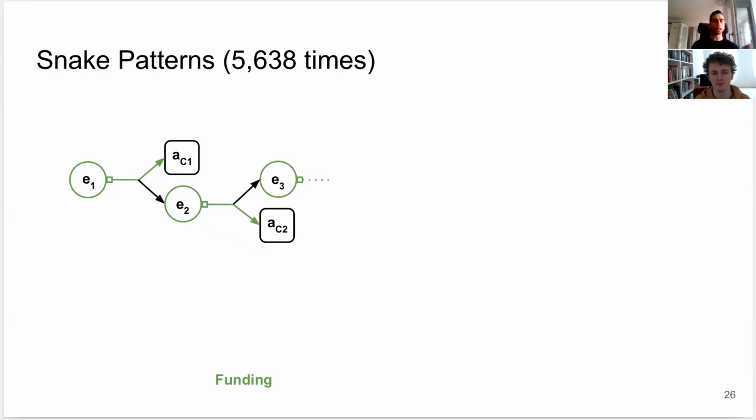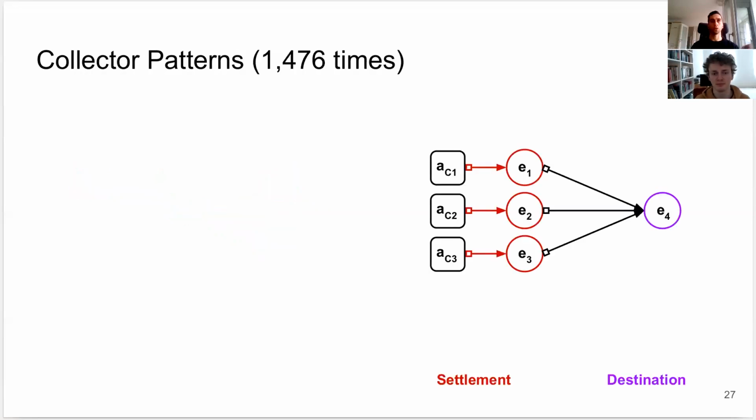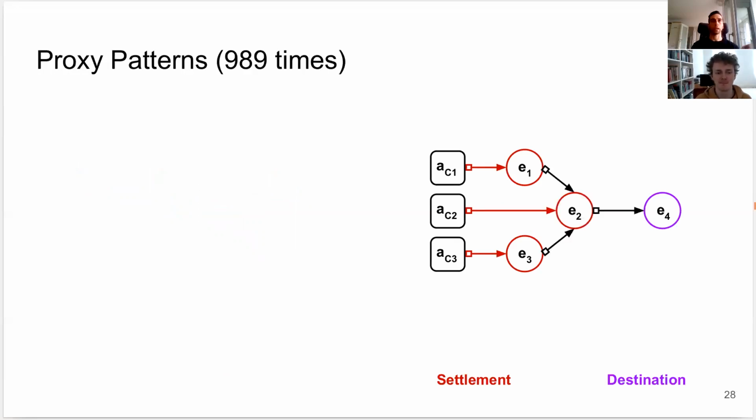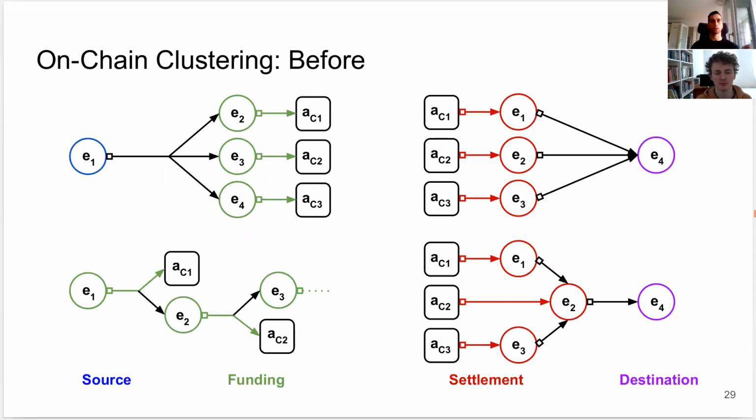And another pattern that we saw is what we call the collector pattern, where it is symmetrical to the star pattern. We have multiple settlement entities collecting the coins into a destination entity. And similar to this, we have the proxy pattern, where coins are first collected on a settlement entity and then sent to a destination entity. So all these four patterns can be used for on-chain clustering.